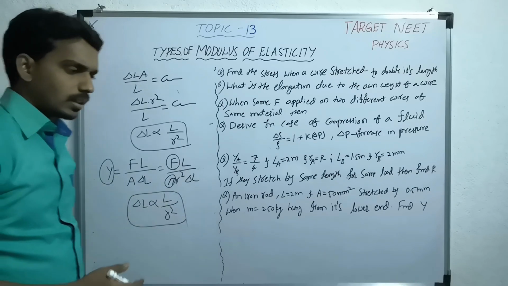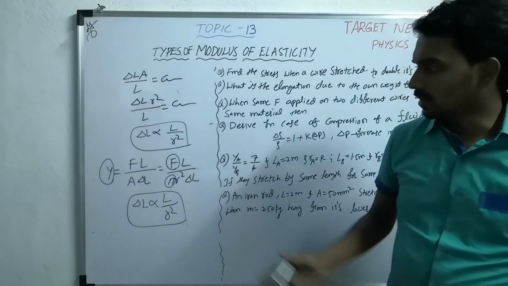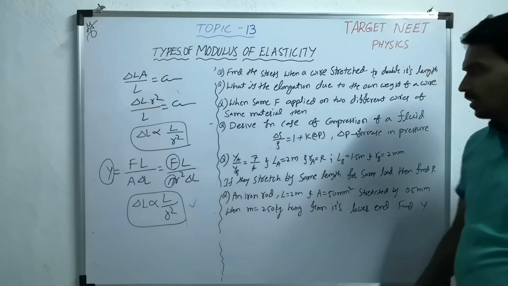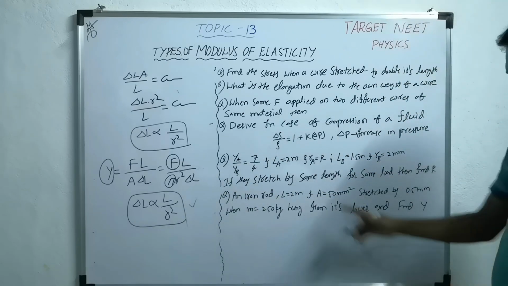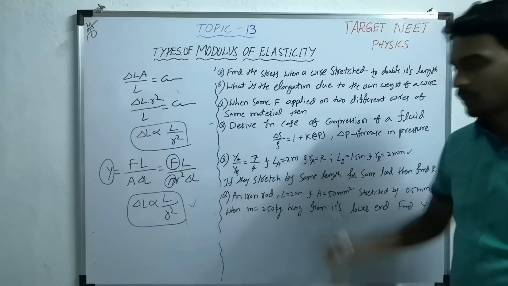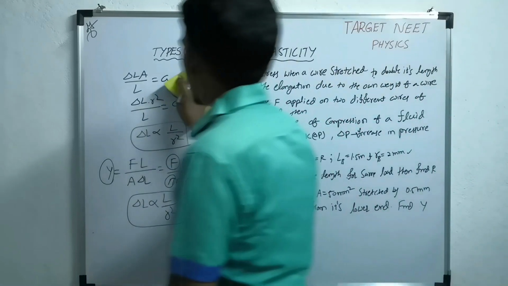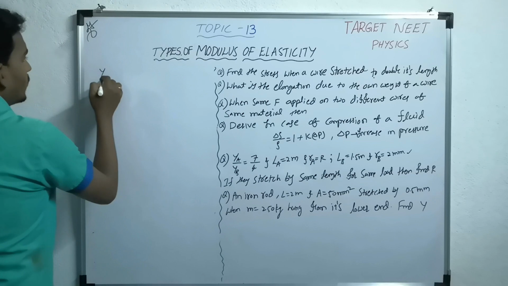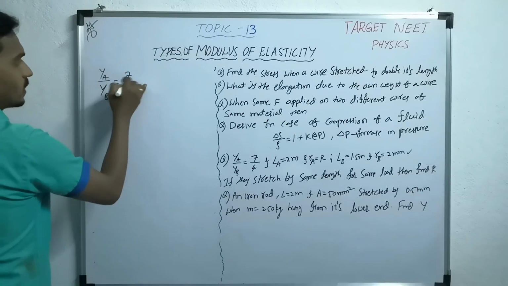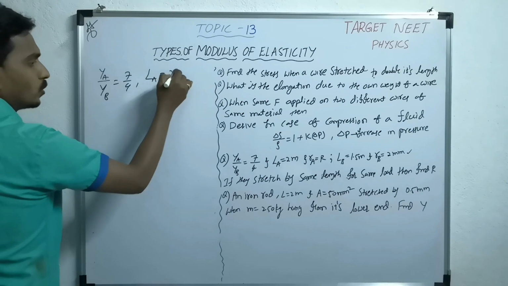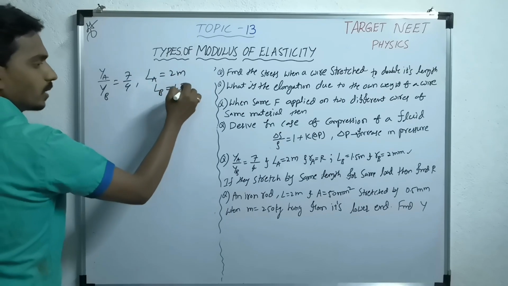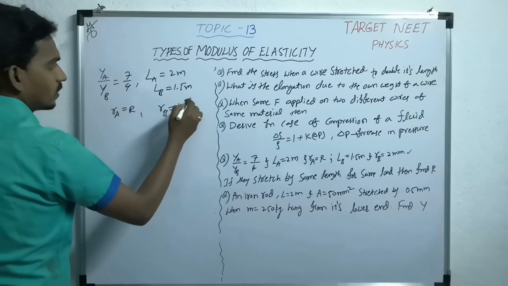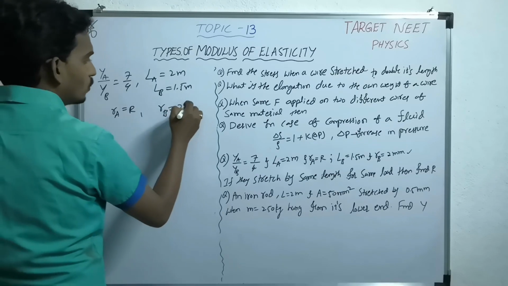So if you are thorough with the mathematical application, then these kind of things you can do on your own. So then you can compare. Like one question here, you take this question, YA by YB, the ratio of Young's modulus they have given as 7 by 4, and LA 2 meter, LB 1.5 meter, and the radius of A is capital R, radius of B is 2 millimeter.